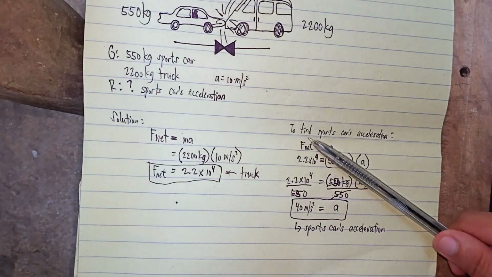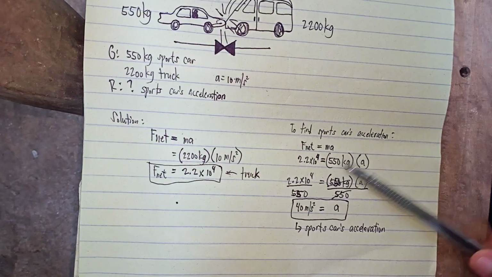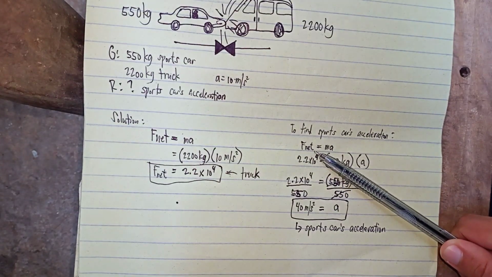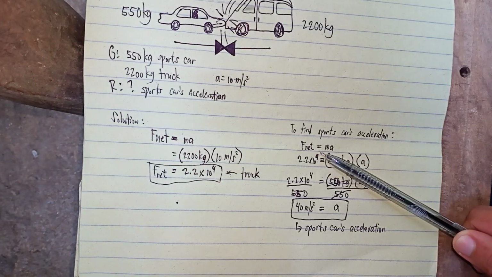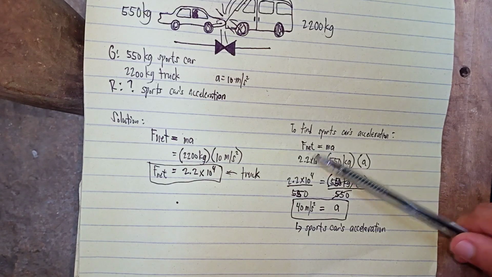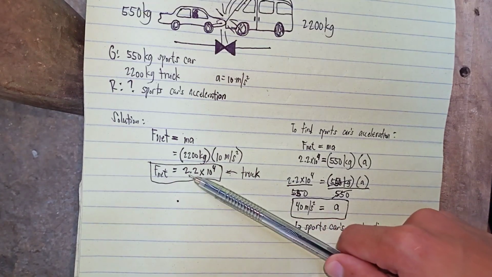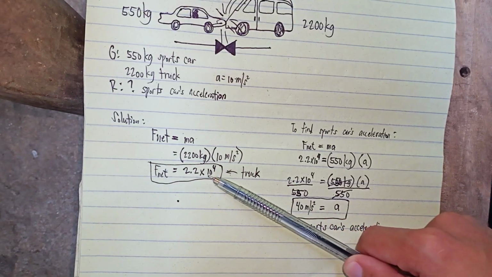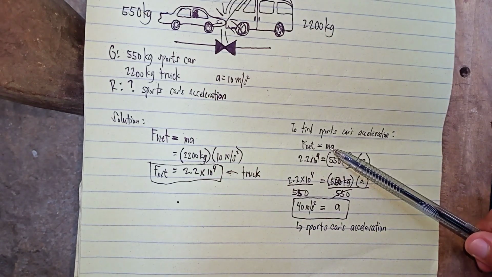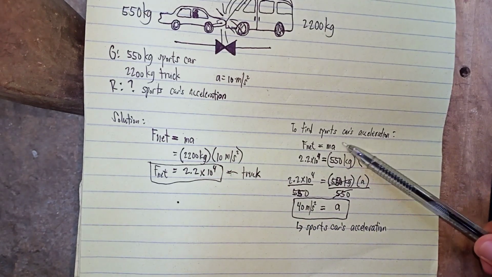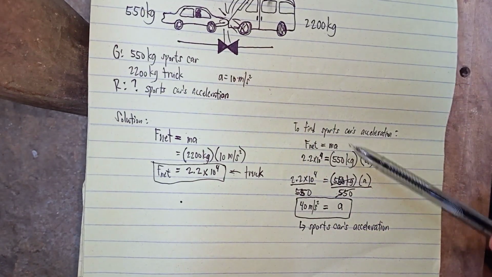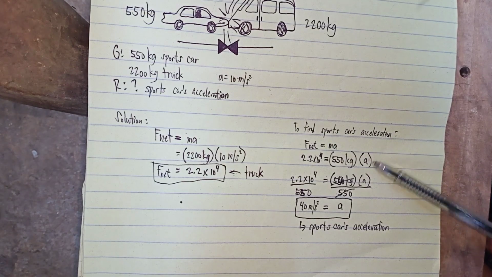To find the sports car acceleration, using the same Newton's second law of motion formula, F net equals ma. The F net that we have has a value of 2.2 times 10 to the power of 4. Substitute. Then m, the mass of the sports car, which is 550 kilograms, times a.